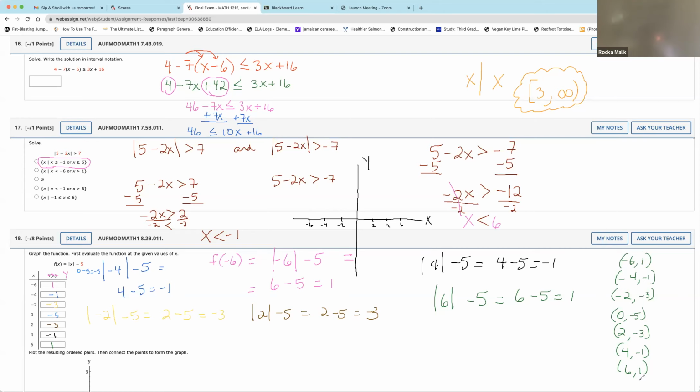go from -5 to 1. I've got to do it in the same kind of range that I did the x's, or else it's going to look gross.